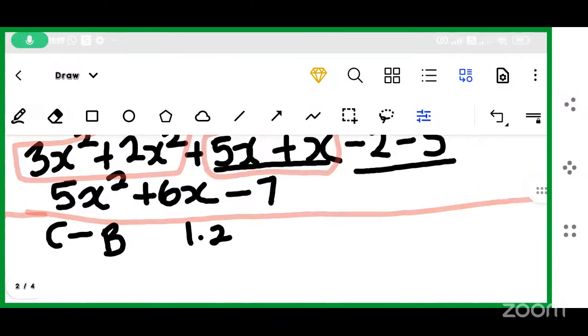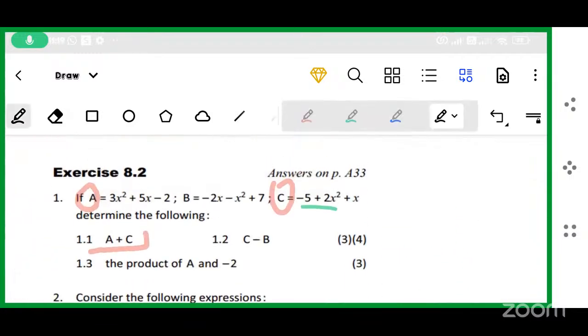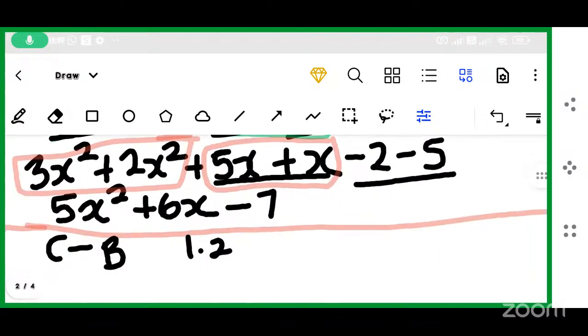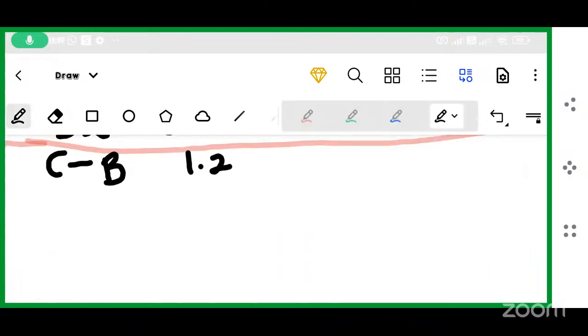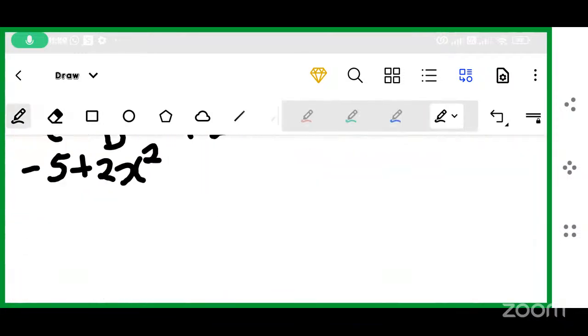So we have to look at what is the value of C, and we find that the value of C is -5 plus 2x squared plus x. So we go down -5 plus 2x squared, and we write our plus x.